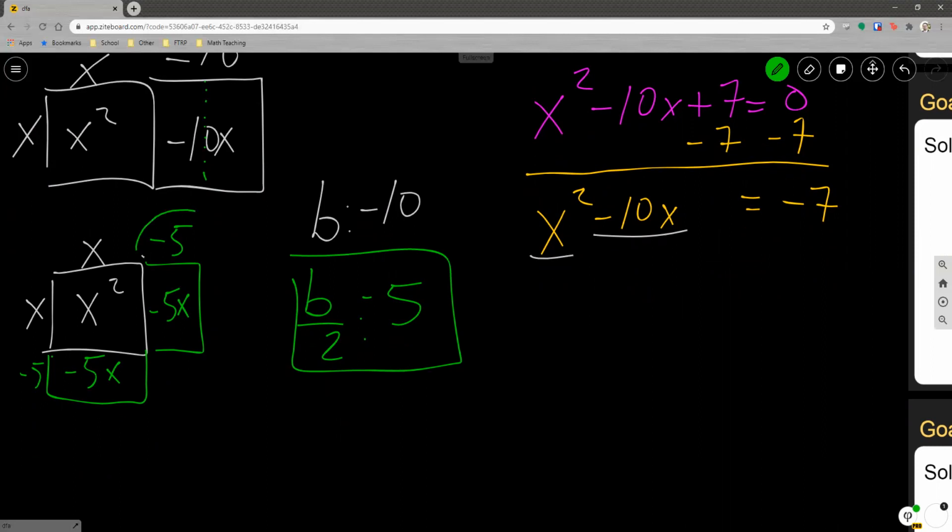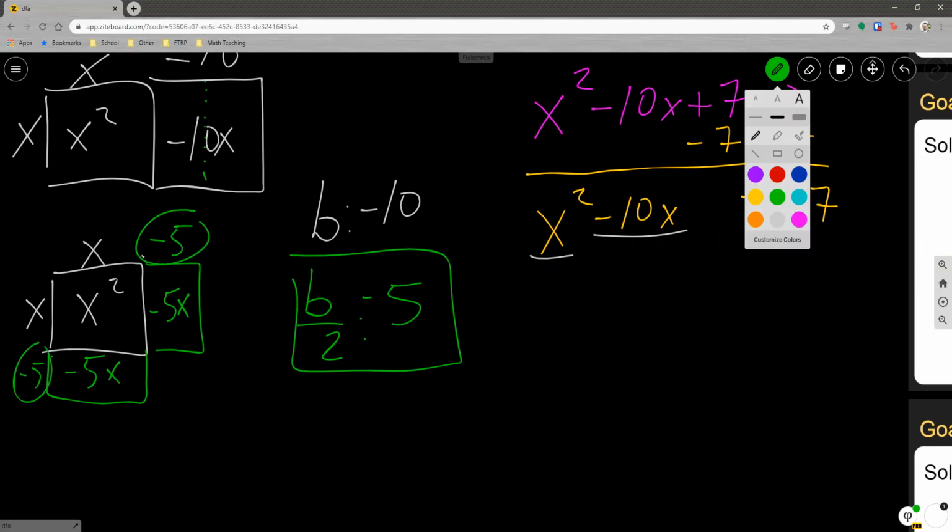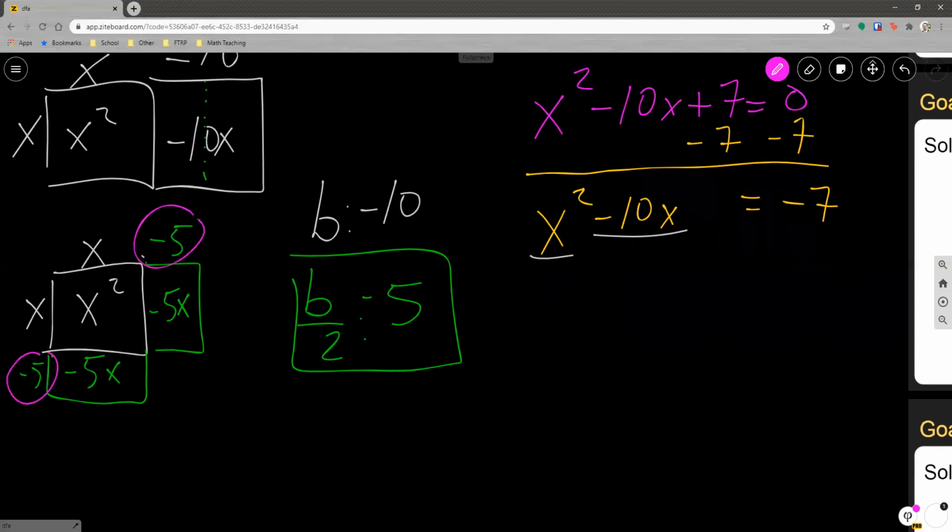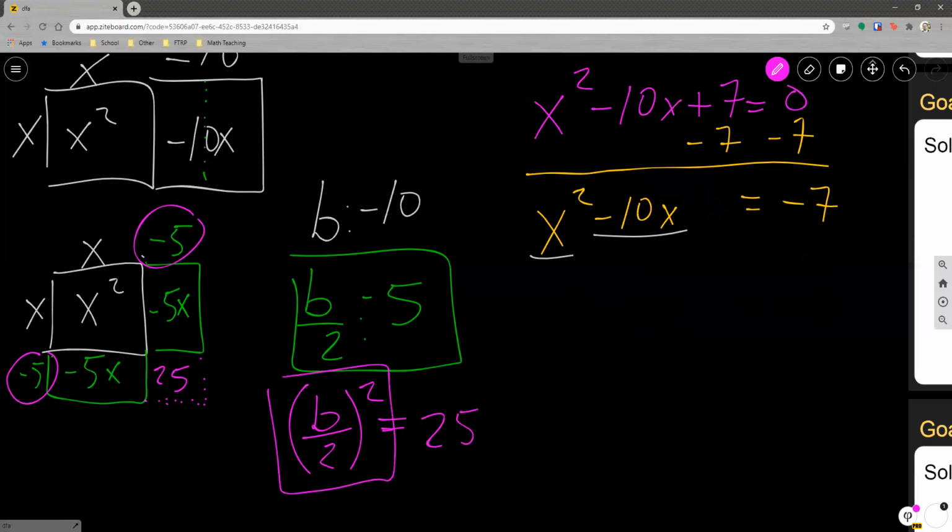If I take negative 5 and multiply it by negative 5, that gives me the little last square in the corner. Negative 5 times negative 5 gives me positive 25, and that would complete my square. So b over 2 squared, in this case, gives me positive 25. I'm going to take this value and place it up here.